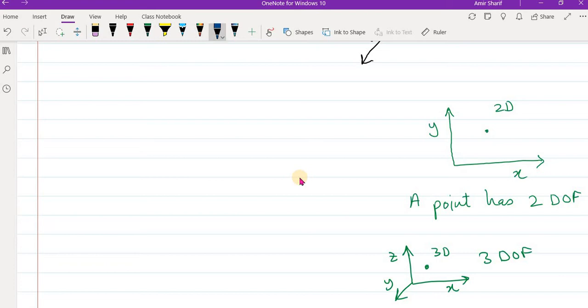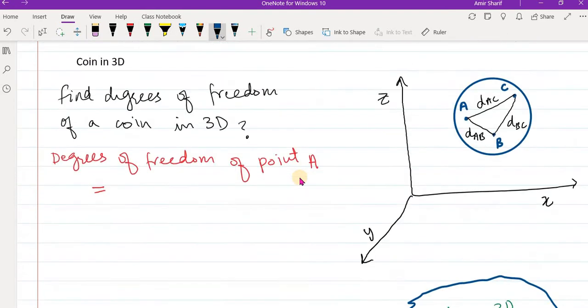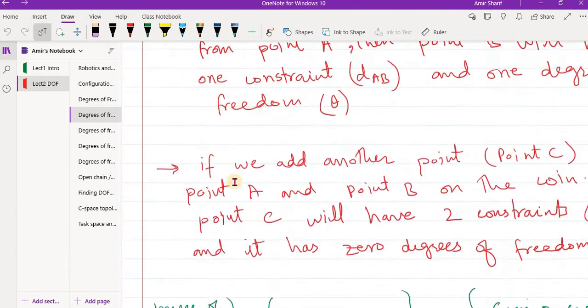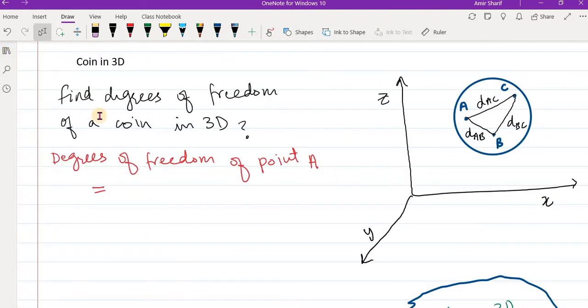So this is the difference we have here. Since now we have a 3D world, each point will have 3 degrees of freedom. So applying the same formula that we developed, which was sum of freedom of points minus sum of constraints, we shall apply the same formula here also.